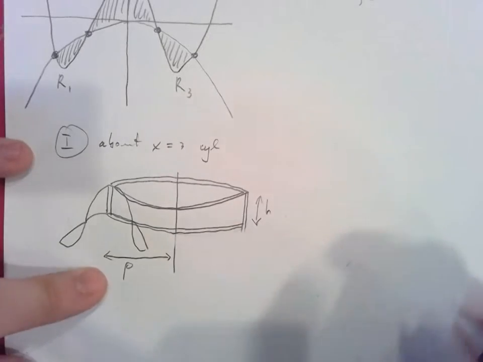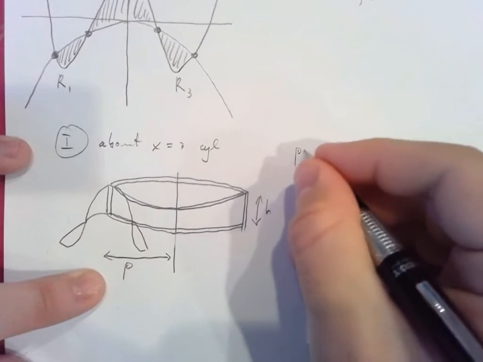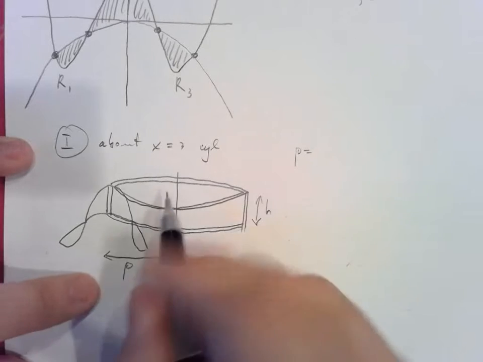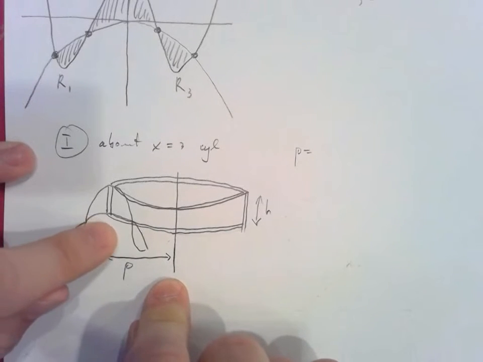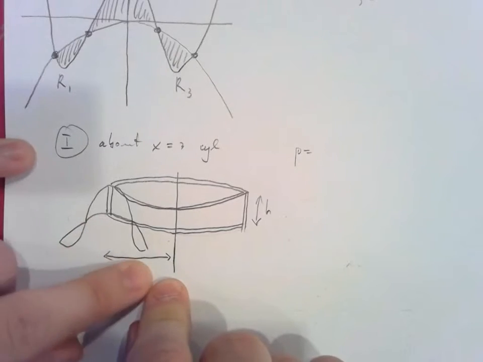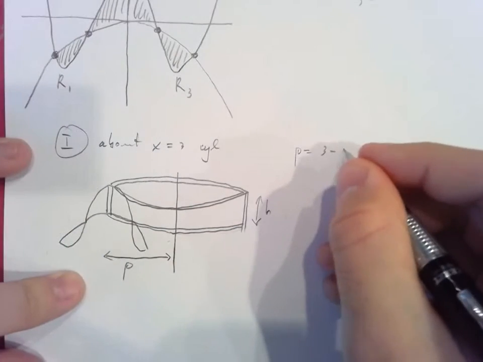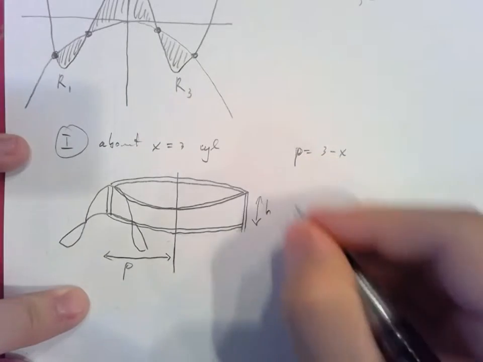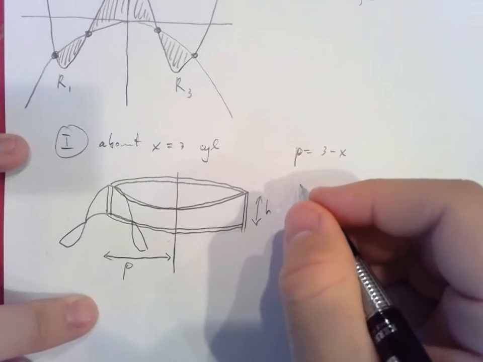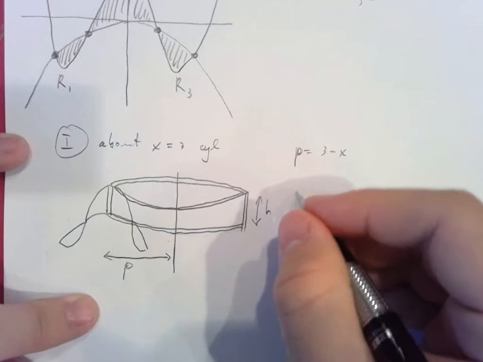So the radius rho is simply going to be x equals 3, the most positive of the two, minus the x coordinate as I'm running over this region. So it's 3 minus x, and the height is going to depend on which region I'm talking about, right?